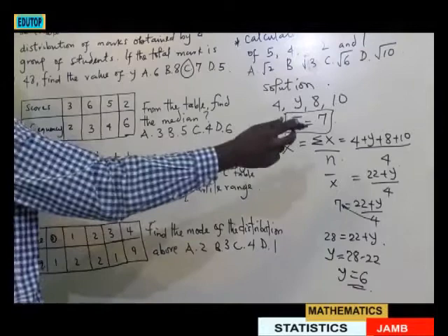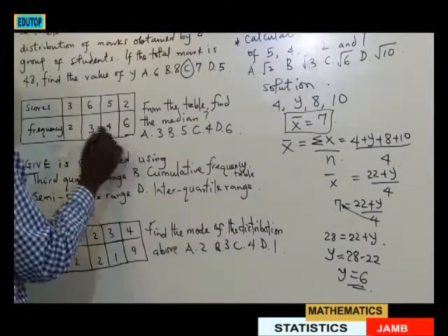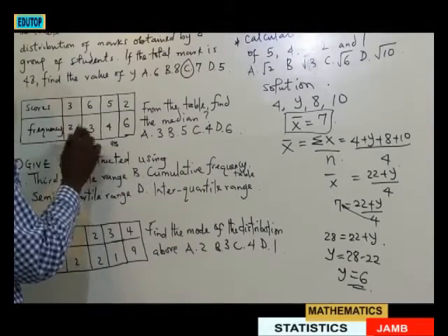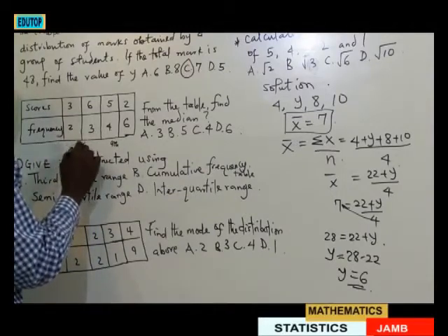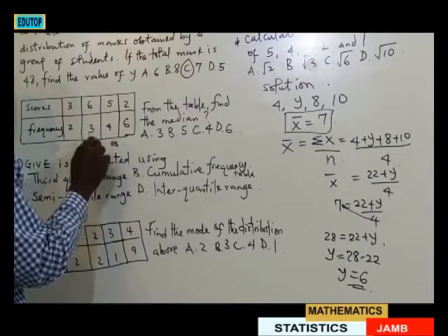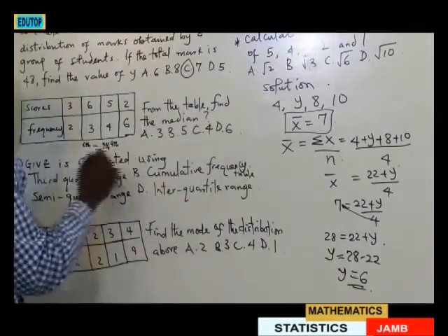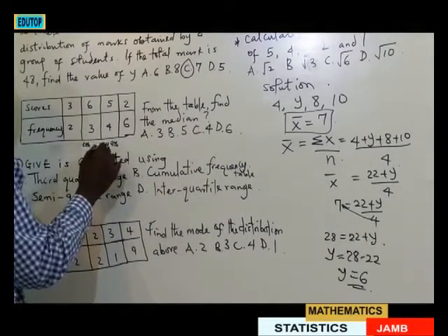So we're having 8th position. So the 9th position is here. So this one will be from 6th to 9th position. So 8th position will fall between 6th and 9th position.